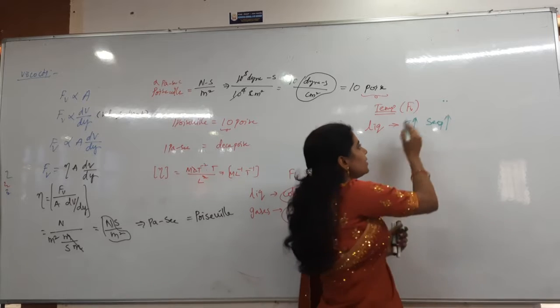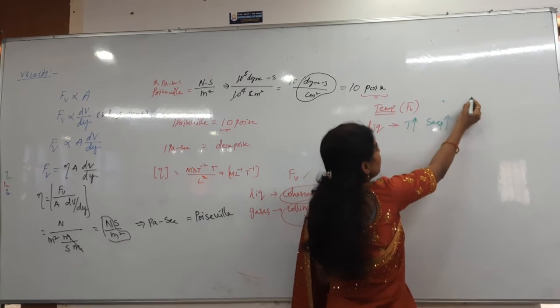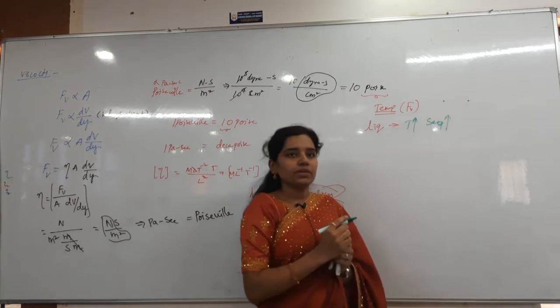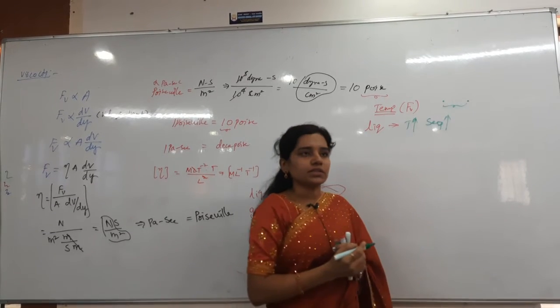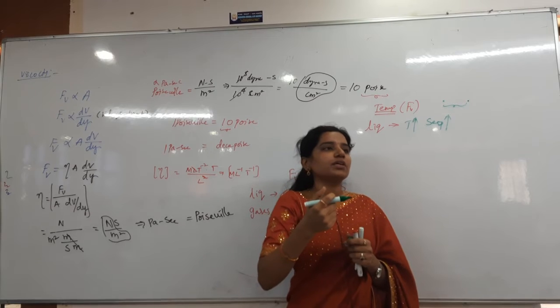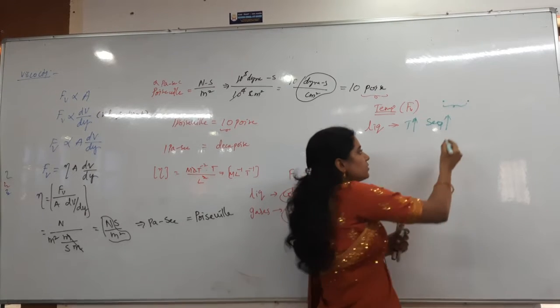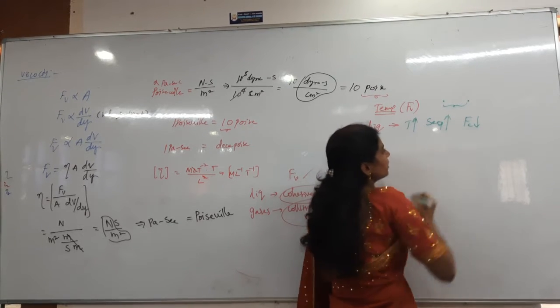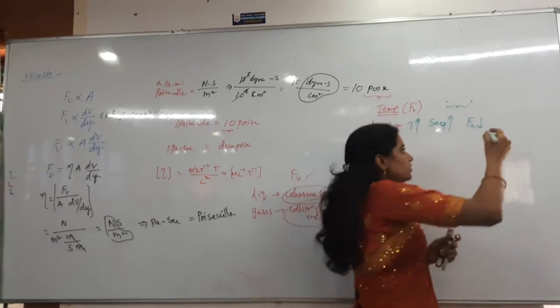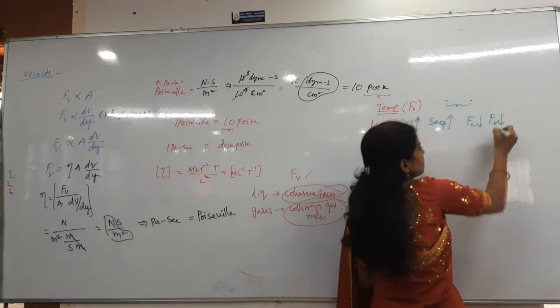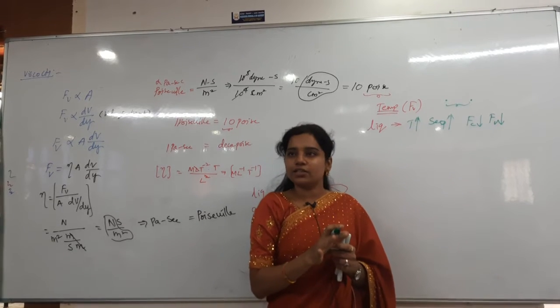Whenever I raise the temperature, these two molecules move away from each other. Separation between them increases, so the cohesive force Fc decreases. Fc is nothing but the viscous force only. So the viscous force also decreases. Clear? You understand all the relation, right?